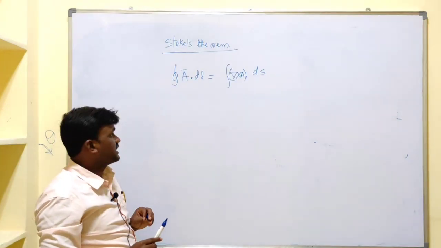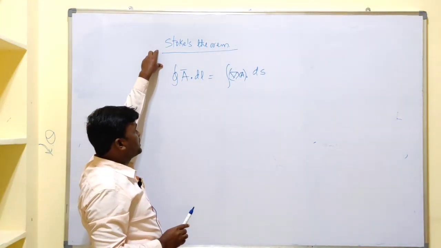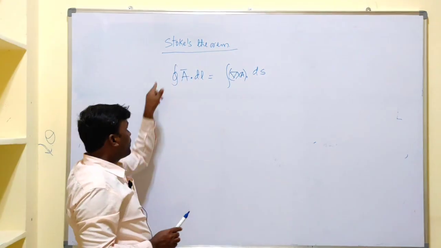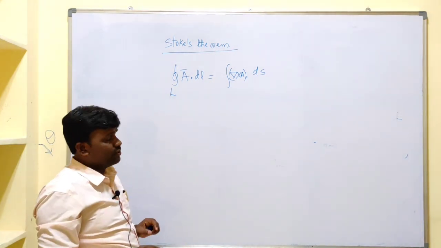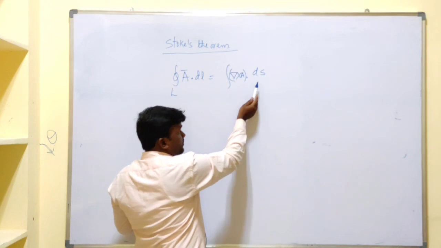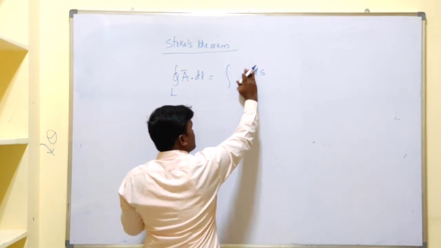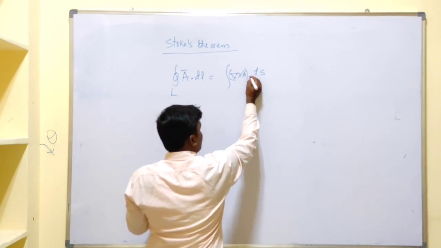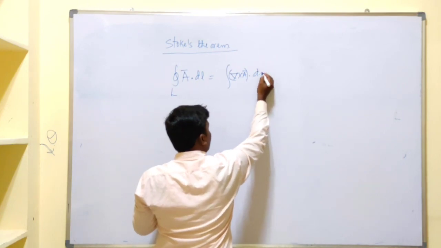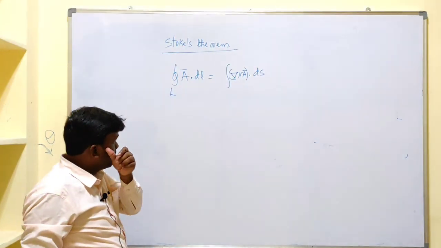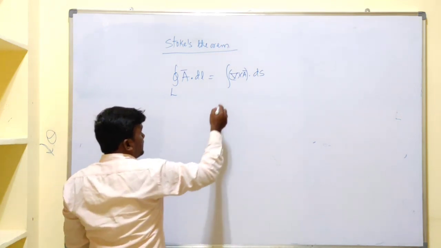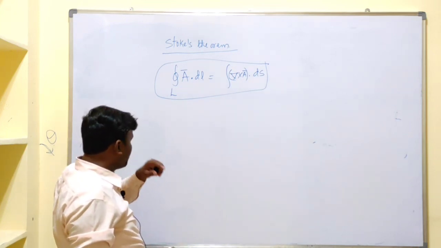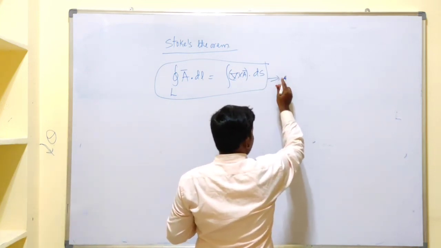The statement of this Stokes theorem is: the line integral of A around a closed path is equal to the surface integral of the curl of that vector quantity. Okay, it is the statement of what? Stokes theorem.